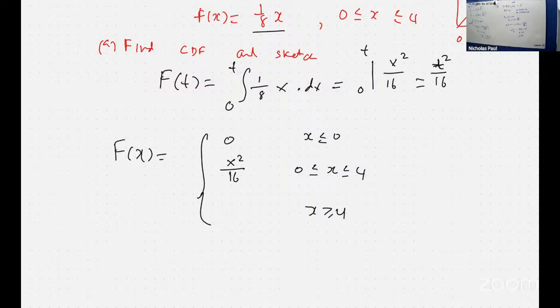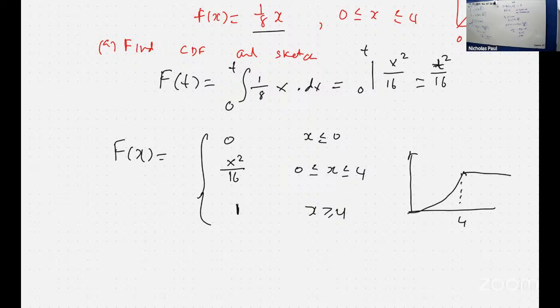So your graph now will look something like this. That's a quadratic. x squared on 16 is a quadratic up until 4, and anything more than 4 is 1. So that's where your CDF is.